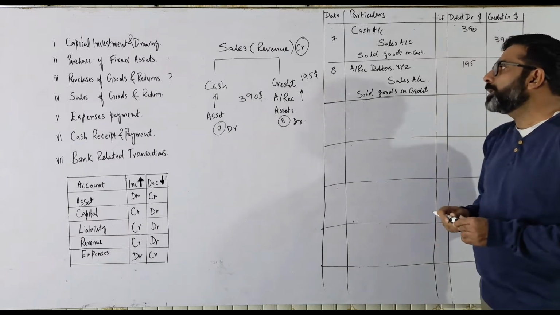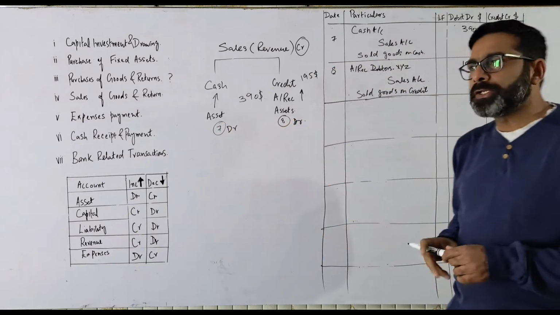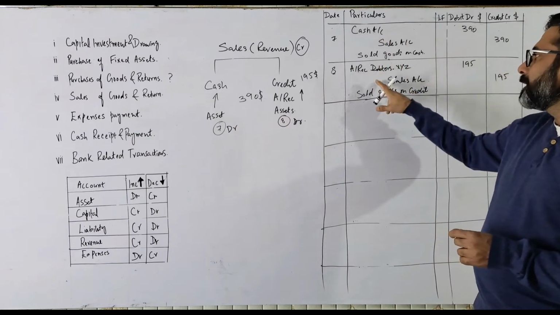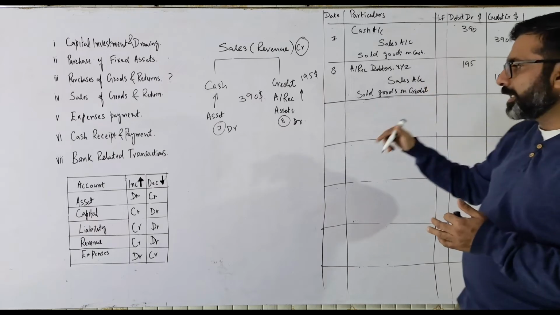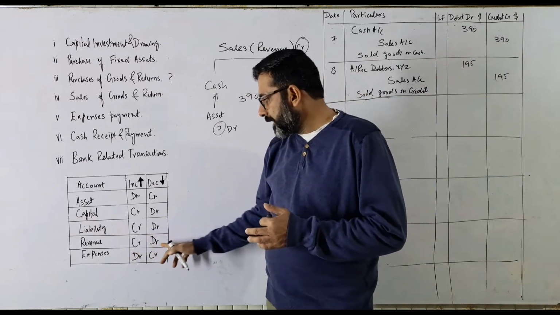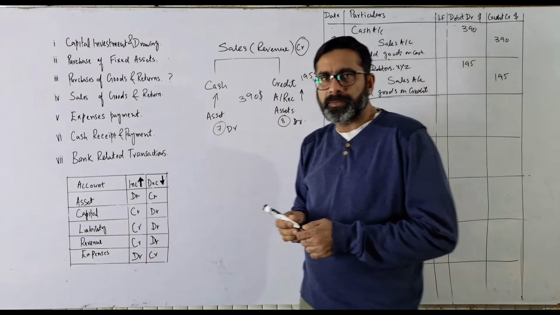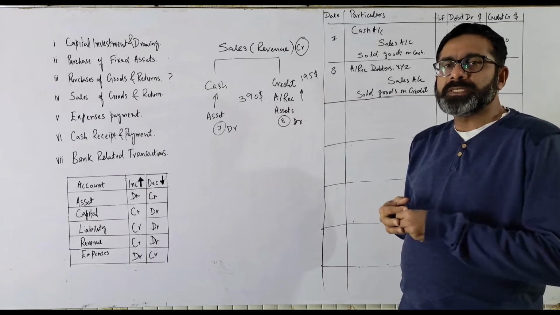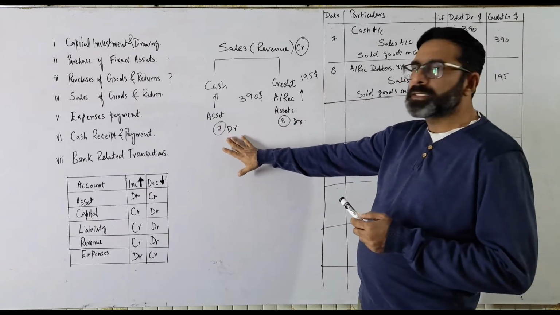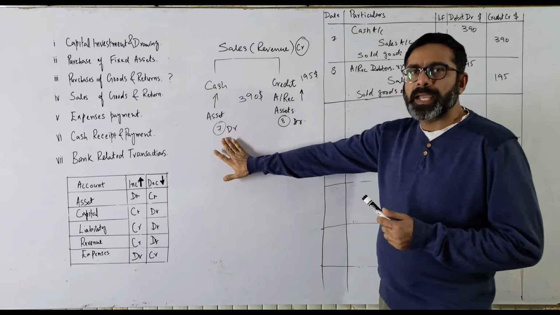So here if you see in both transaction number 7 and transaction number 8, in both transactions the sales is increasing, the revenue is increasing, and as in the debit credit rule, the revenue increase is credit. But in the first transaction, the business is receiving cash immediately, so the cash is an asset that is increasing, that is debit.